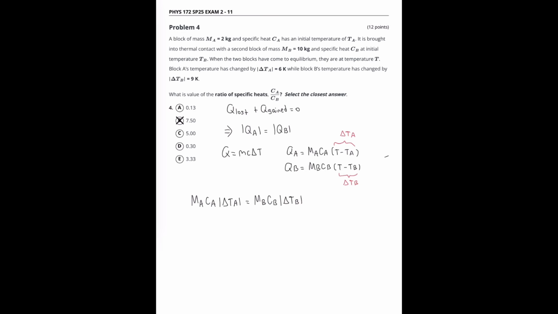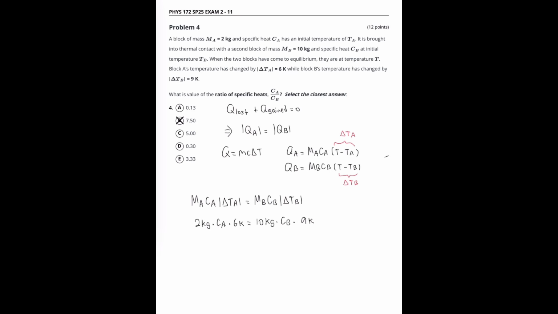So we can plug in our values. We get 2 kg times specific heat of A times the magnitude of change of temperature in A, 6 Kelvin, is equal to 10 kg times specific heat of B times delta Tb, which is 9 Kelvin.